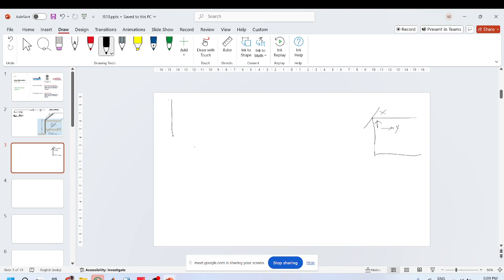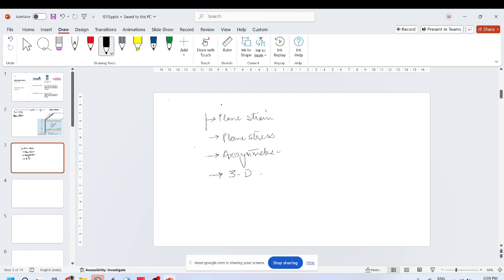So you can have some kind of symmetry. Based on this, we have plane strain, plane stress, axisymmetric, and your normal 3D problem. Let me write this way.